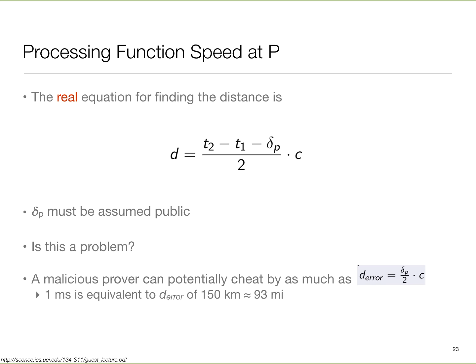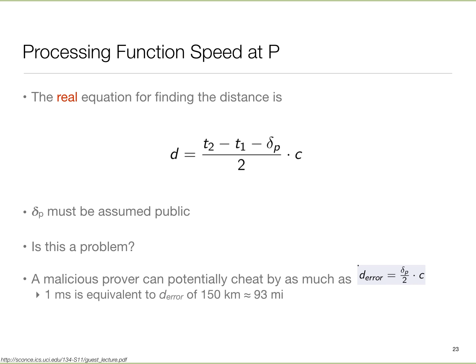If it is, let's say, a particular manufacturer's radio device, then it's not a secret, it's kind of known what the turnaround time is. So a malicious prover can basically cheat by this amount that exists.